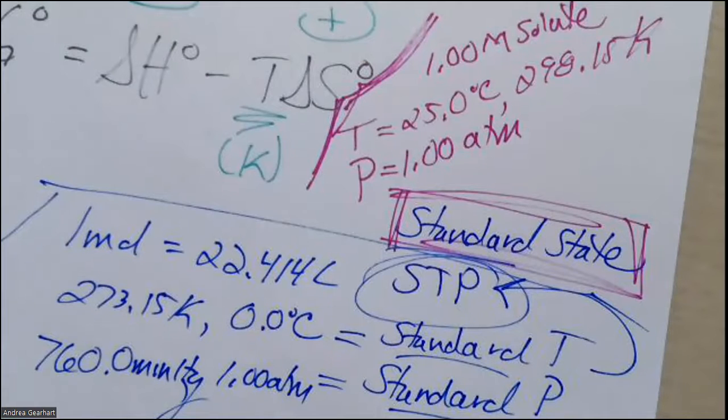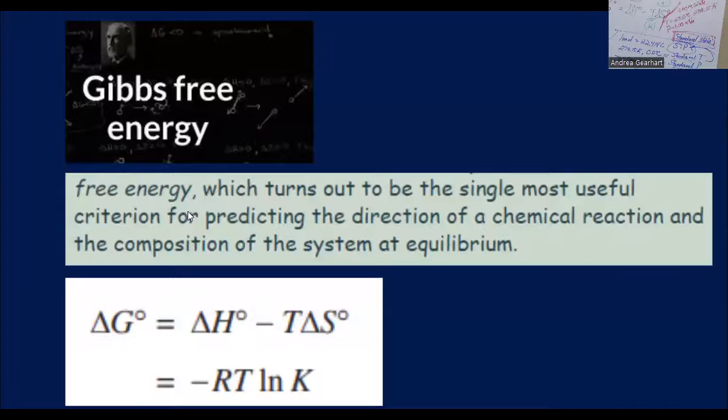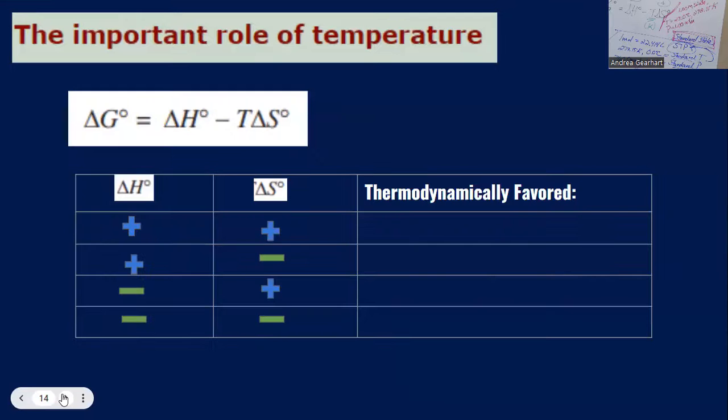Okay, so if you want, in your notes, we'll talk through this. Okay, so our enthalpy can be exothermic or endothermic, and our change in entropy can be positive or negative.